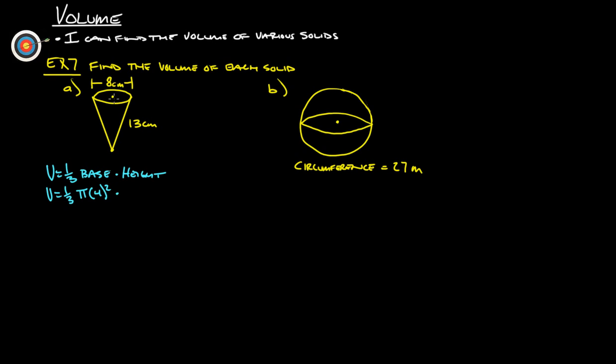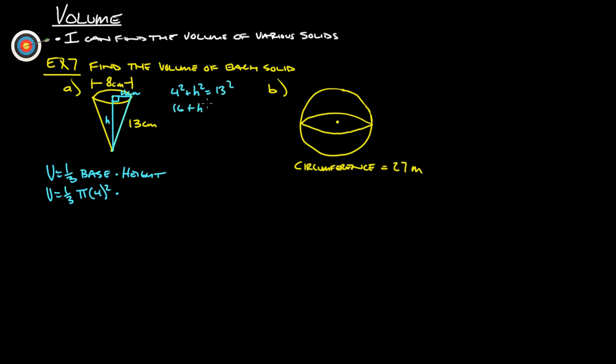Now, the problem is, this right here is our height. And we have this here, and we know that that makes a right angle. So we've got this triangle here, and it's a right triangle. We know that this is going to have to be 4, this is 13, and this is h. So we've got 4 squared plus h squared has to equal 13 squared.